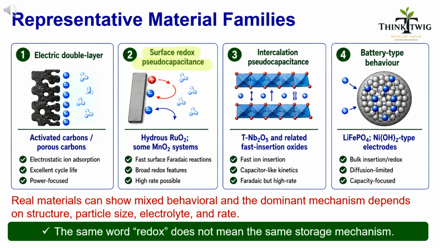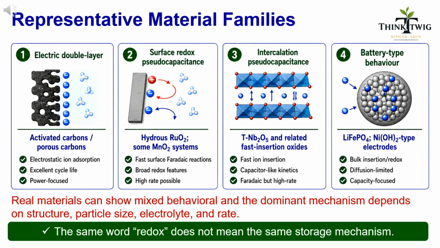For surface redox pseudocapacitance, representative systems can include hydrous ruthenium oxide and some manganese oxide materials. Now, the stored charge includes fast surface Faradaic reactions. For intercalation pseudocapacitance, the highlight is niobium oxide and related fast insertion oxides, where ions enter accessible structural sites, but the kinetics can still remain highly rate capable.